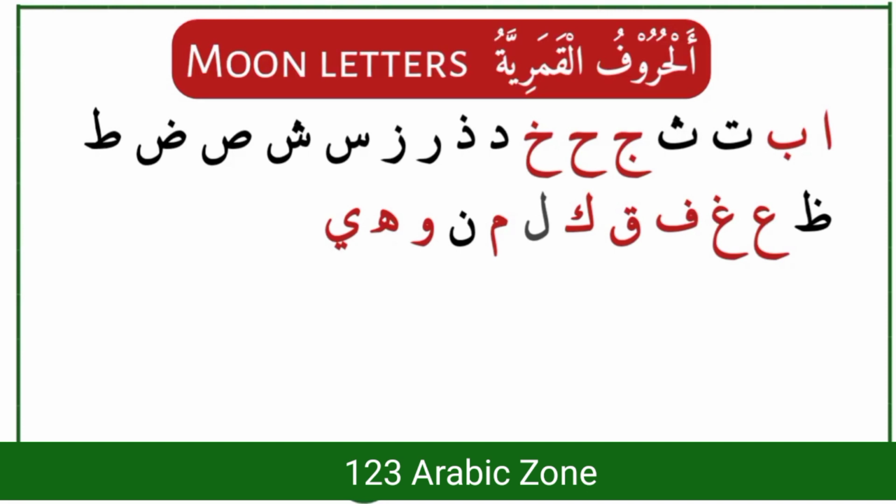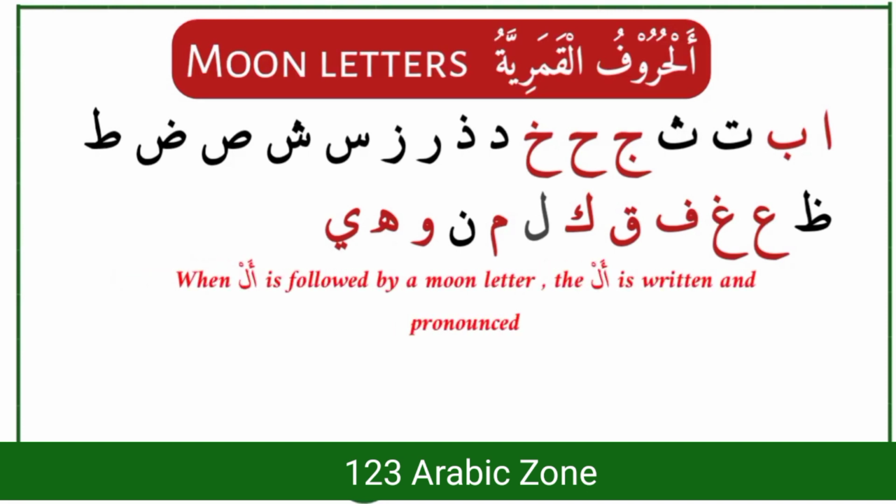So look at these 14. When al is followed by a moon letter, the al is written and pronounced. When any one of these letters come, the al is written and pronounced.